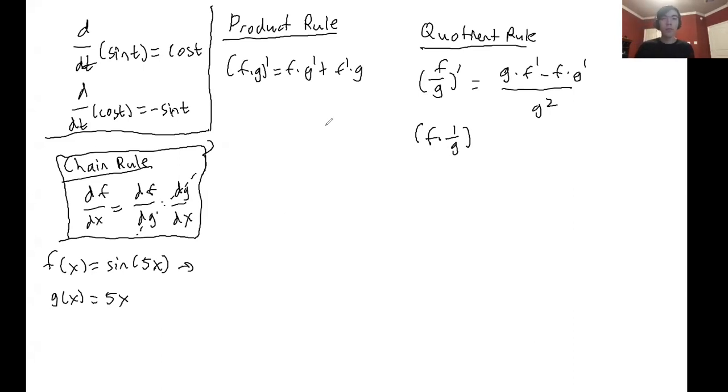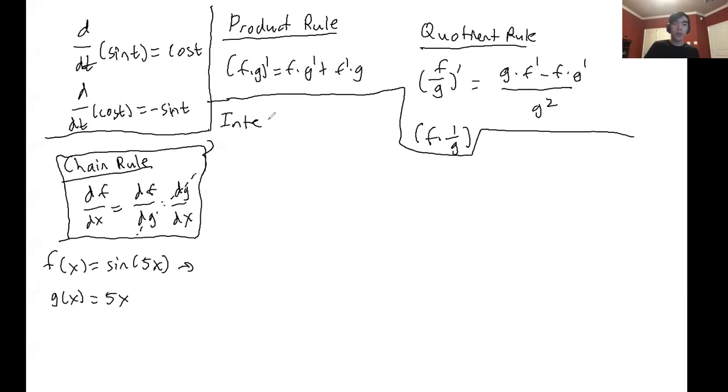Okay, now we're going to go into integrals. Integrals are the other part of calculus besides derivatives. But to me, once you understand derivatives really well, integrals come pretty obviously.